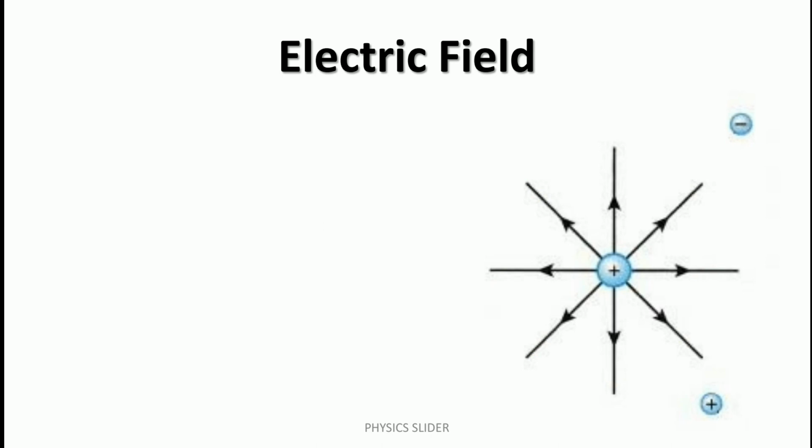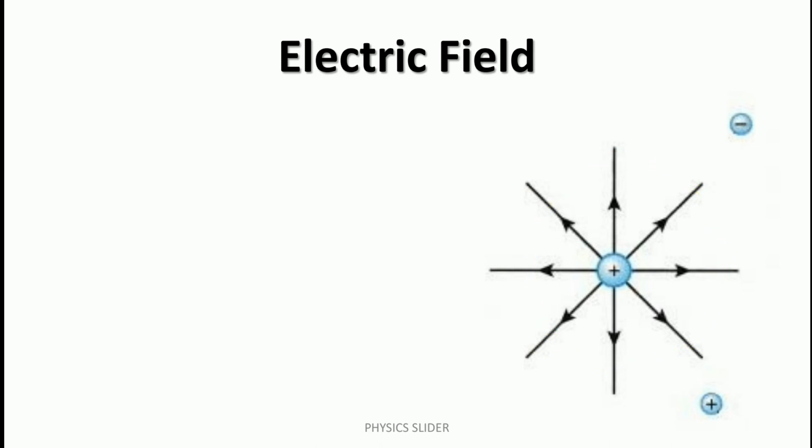But when these charges come within the region, then they experience a kind of force of attraction or repulsion. In this condition, they are not experiencing any force because these negative and positive charges are outside the region of this positive charge.